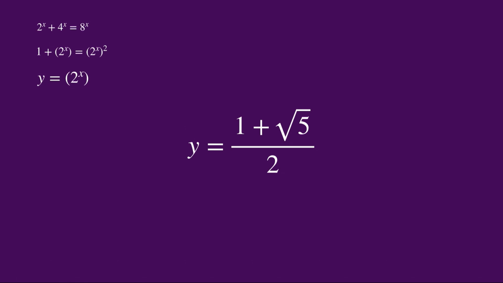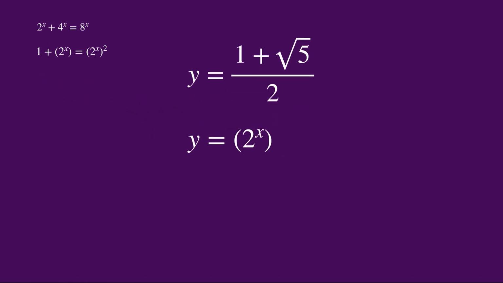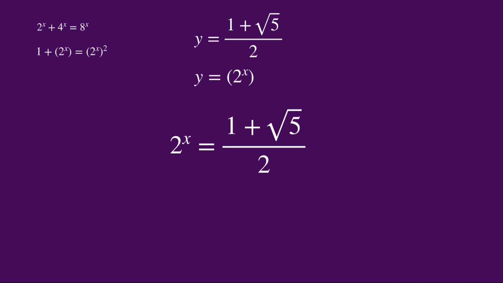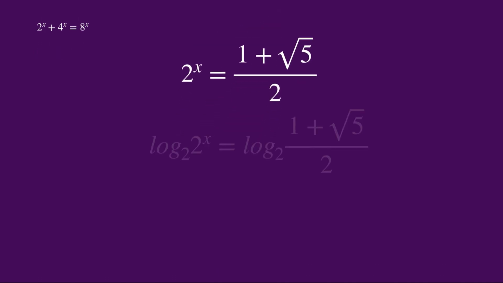and we have assumed 2 to the power x as y. Now if I compare these two equations, I can write 2 to the power x equals (1 plus root 5) by 2. Now I will operate with logarithm on both sides having base 2.